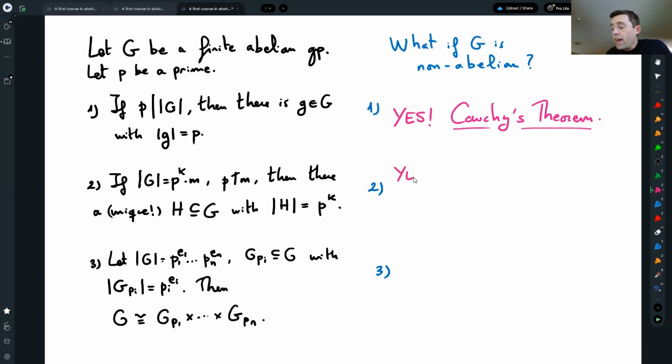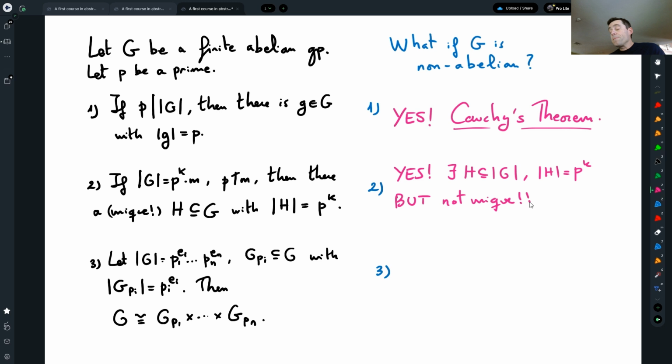Yes, there is a group in G of the largest possible size, but it is not unique. I will show you an example in a moment. So there is more than one such group.